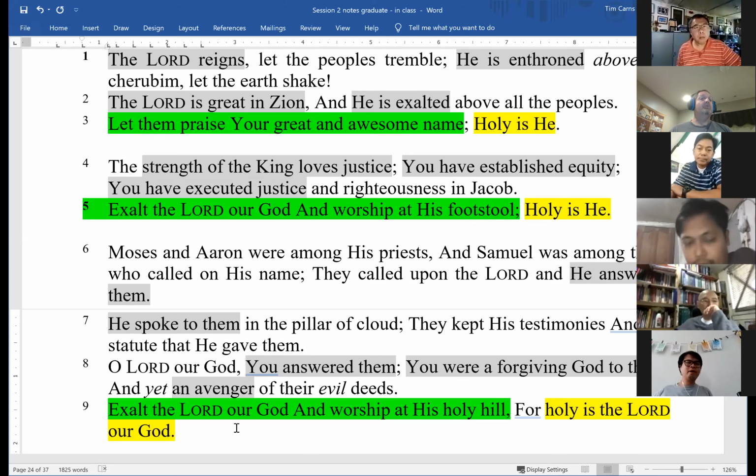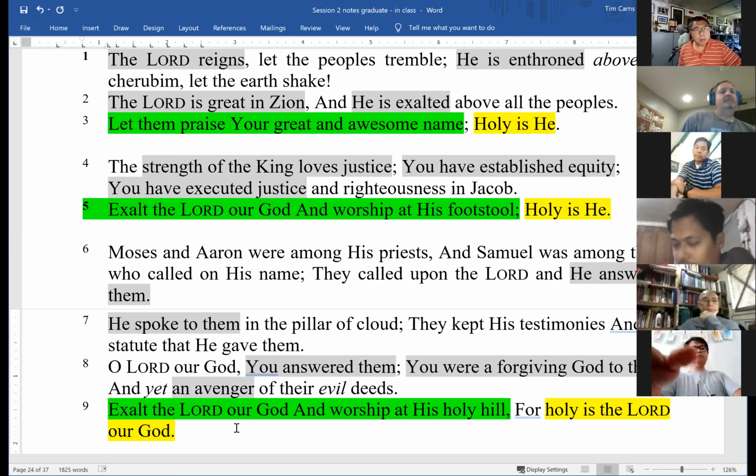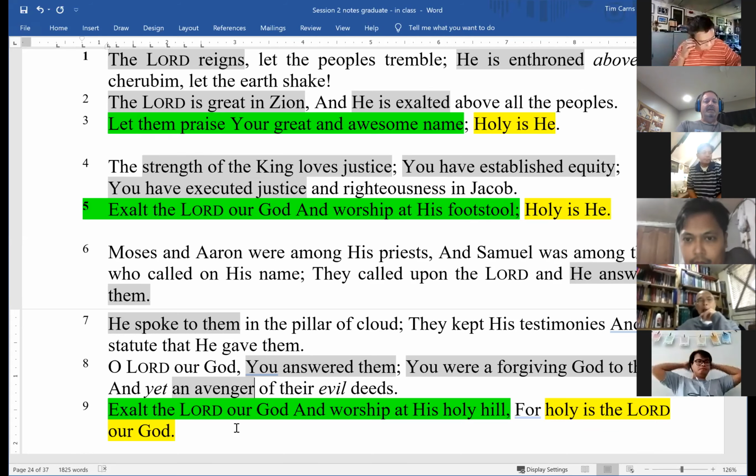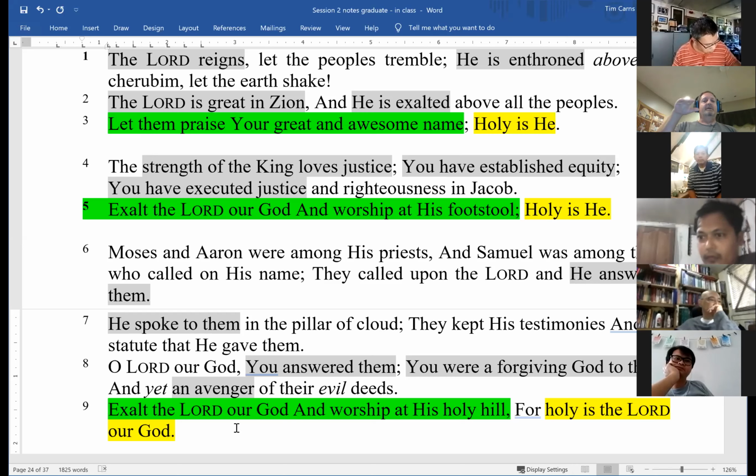It's a grammatical pattern. There's, in the beginning of the stanza, the indicative, statements made about the Lord. The ending line of the stanza is a command in response to that. It's the same pattern, broken up by this command followed by the refrain, "holy is he." You guys see that?